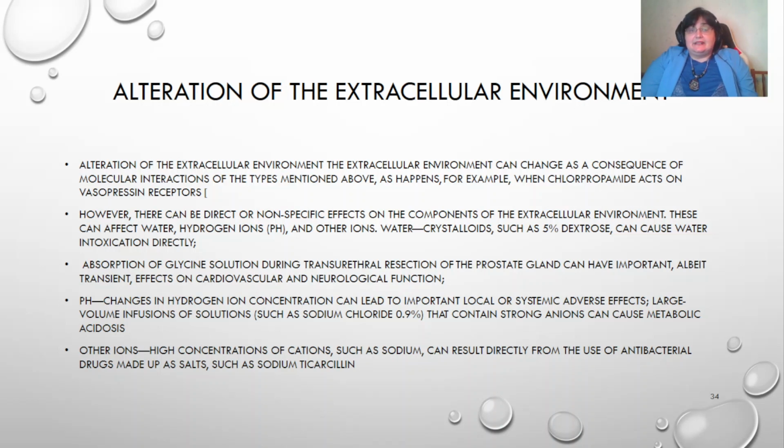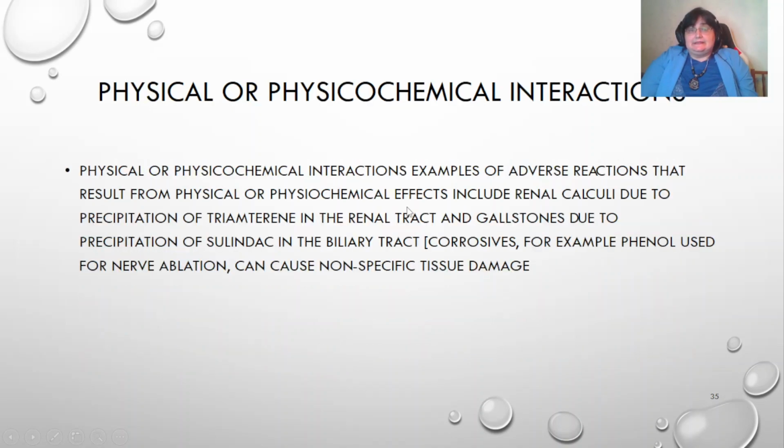Other ions, such as a higher concentration of sodium, can result directly from the use of antibacterial drugs made up as salts, such as sodium ticarcillin. Physical or physical-chemical interaction.